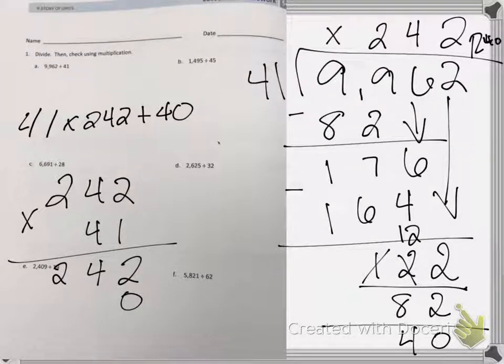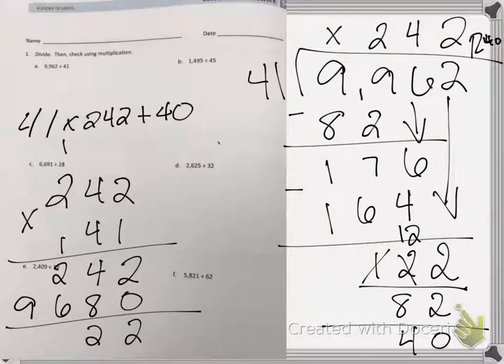242. Now we're going to work with our 10, so 40 times 2, 80, 40 times 4, 160, carry the 1, 4 times 2, 8. So now we have 9, add. Whoops. Something went wrong. What went wrong? Nothing went wrong yet.